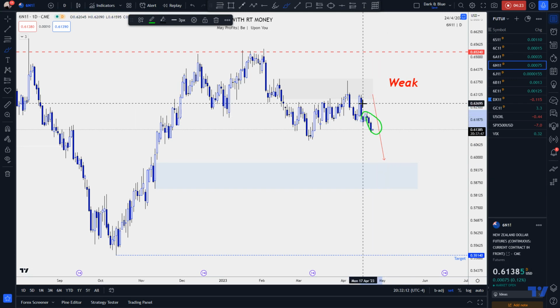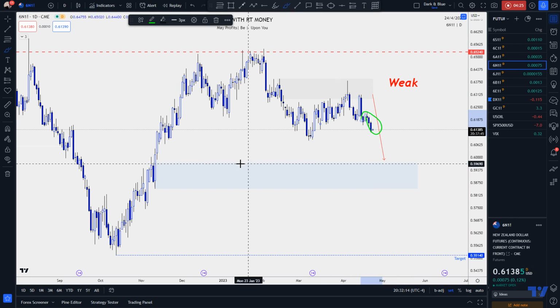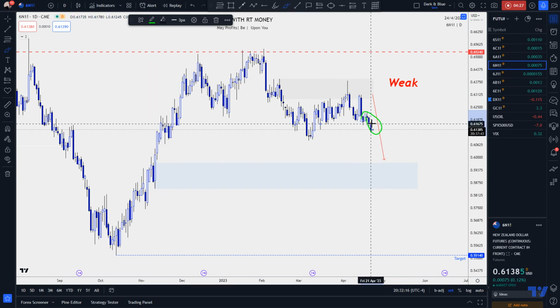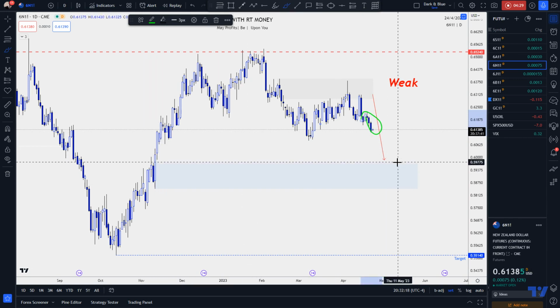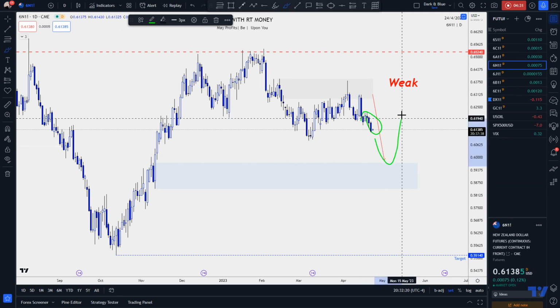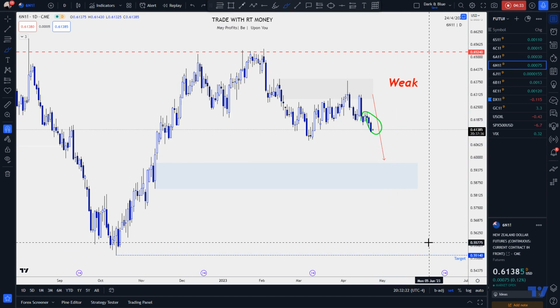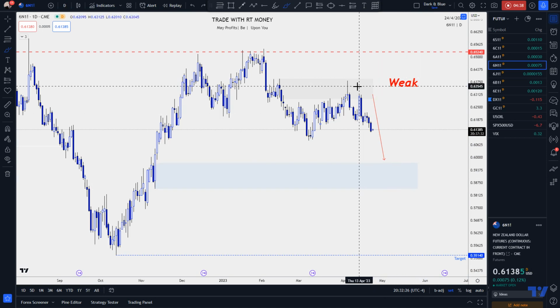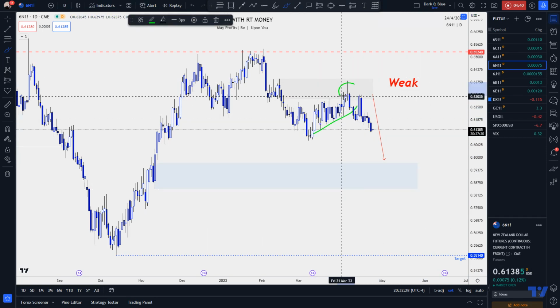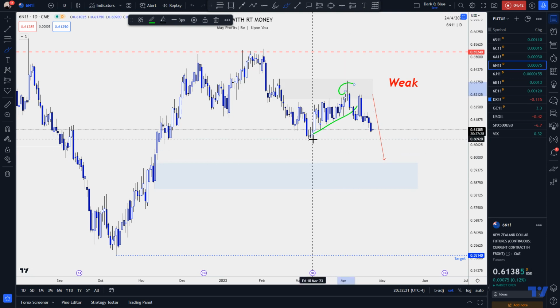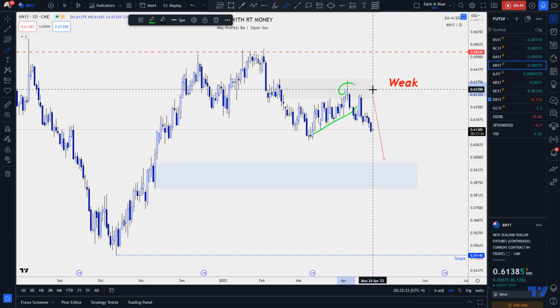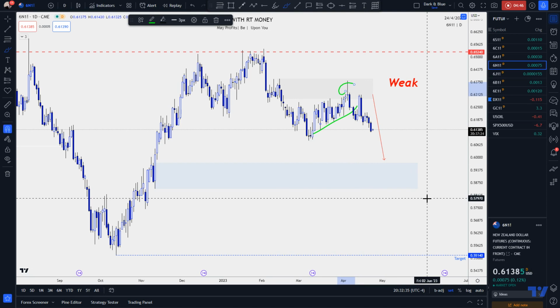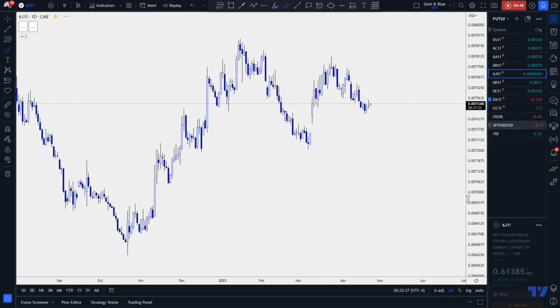We're heading down, and I do believe we're probably going to head down to this demand zone down here, where we may see price react bullishly. But up until that point, I've been calling this to be bearish since it came up here. Before it got there, I was calling for it to be bearish once it hits this supply zone. And it did. That's exactly what it did.